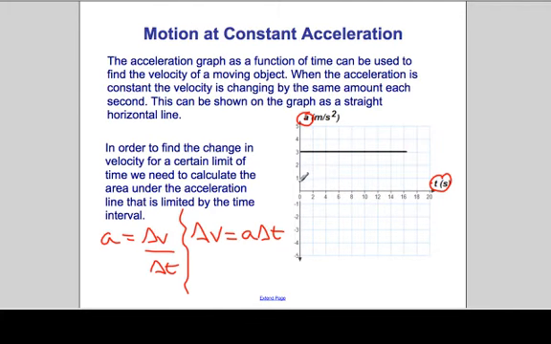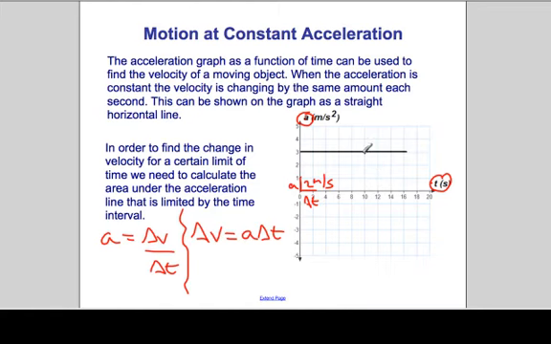Let's look at the area of one of these boxes. If it's one box, 1 delta a high and 2 delta t wide, the area of each of these boxes is 2 AT, 2 meters per second.